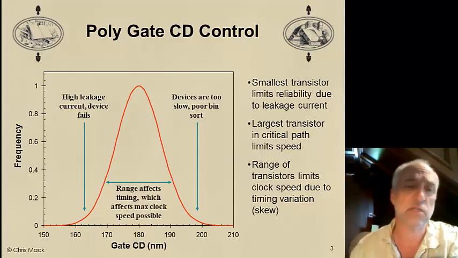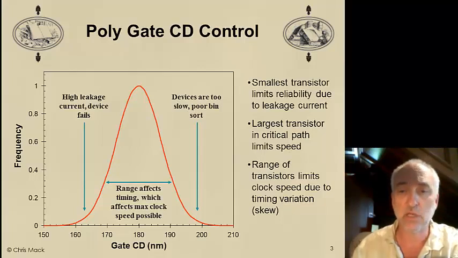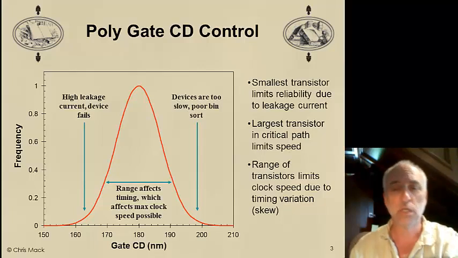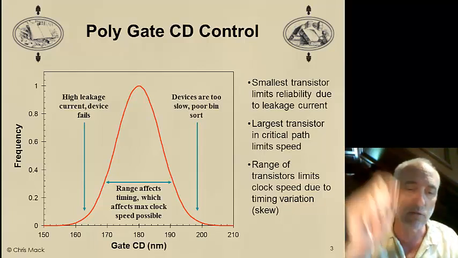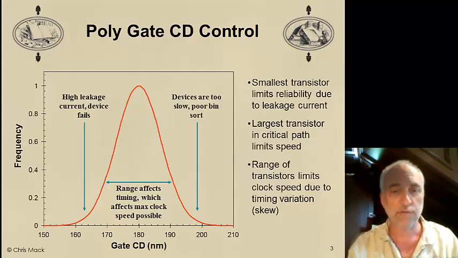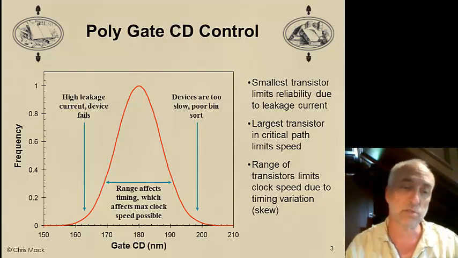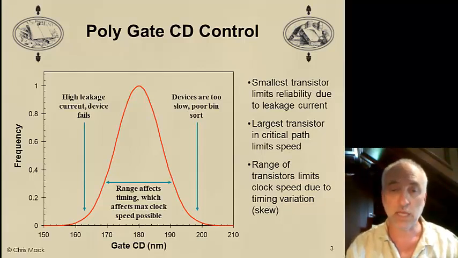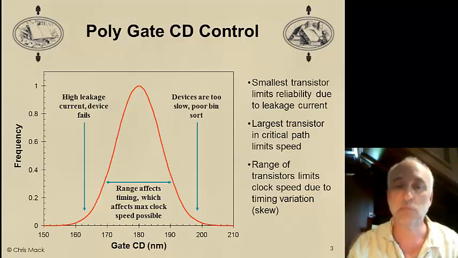But this spread of these CDs also affects how fast we can run the clock. And this is something called skew, timing variations. If I have a signal propagating through a bunch of small transistors, it moves very quickly. If I have another signal propagating through some larger transistors, it moves more slowly to get there, and then they don't arrive where they need to be at the same time.